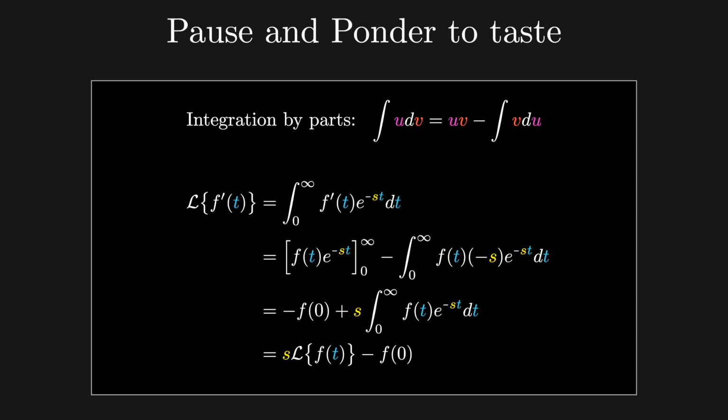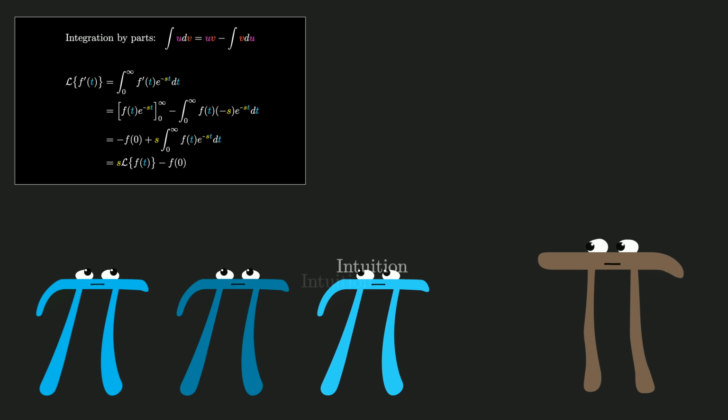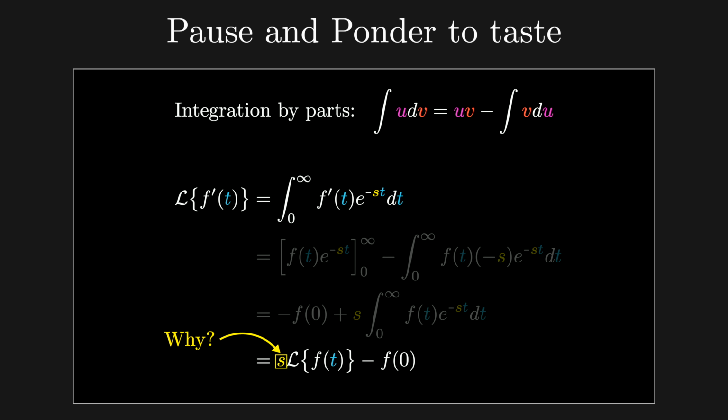It's a perfectly fine and tidy derivation, really short actually, but sometimes I feel like whenever you appeal to integration by parts, you can almost see the intuition evaporating away from the audience in front of you. And in this case, if you stop and ask yourself where that times s really came from, or why we're subtracting an initial condition, both of them kind of feel like things that happened to fall out.